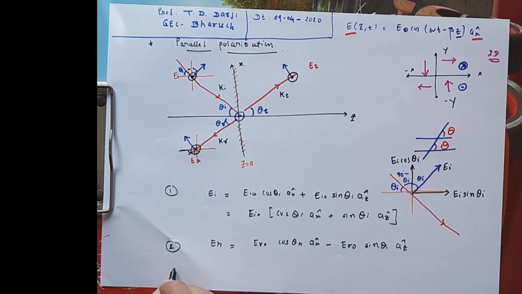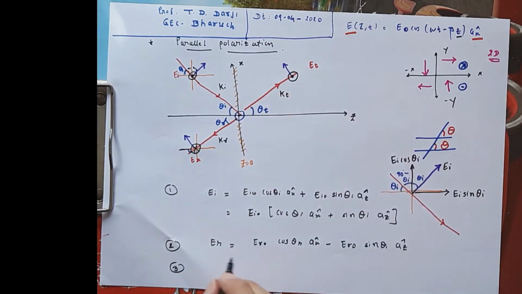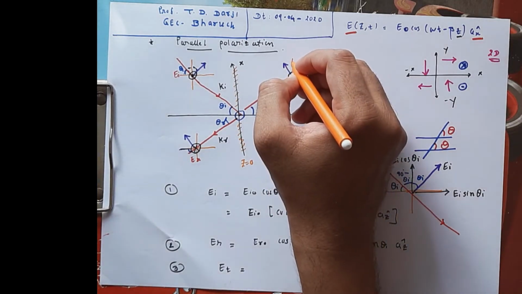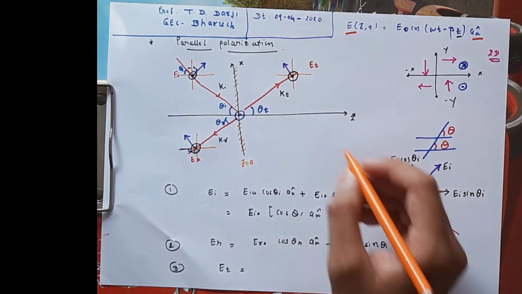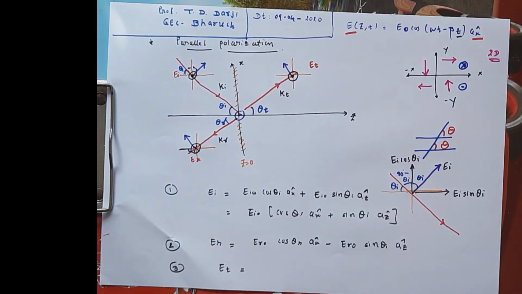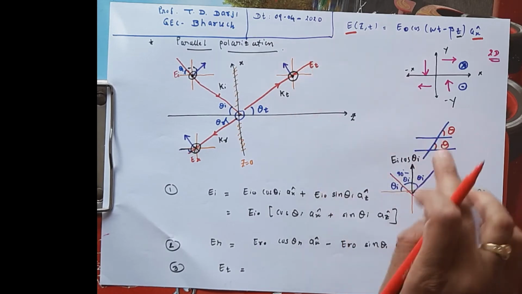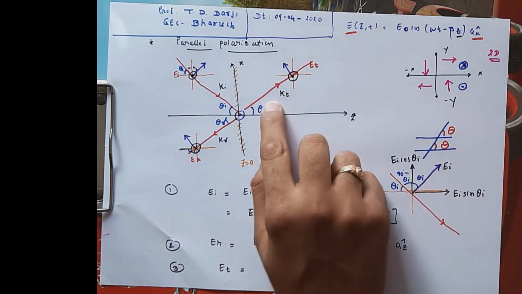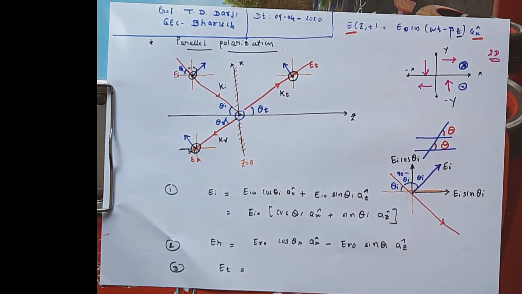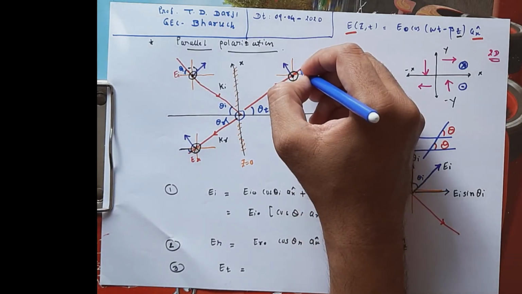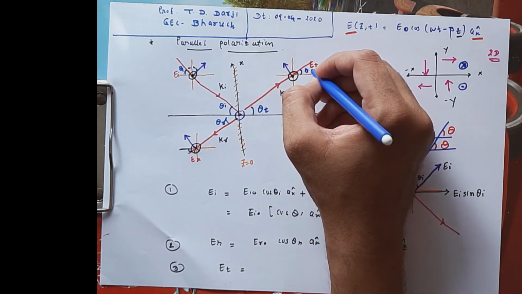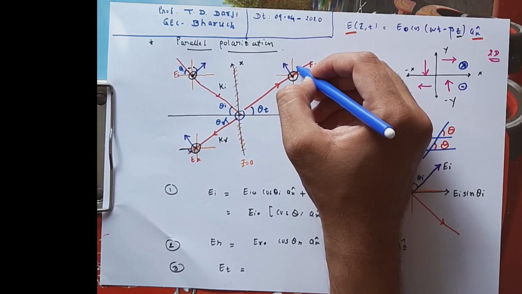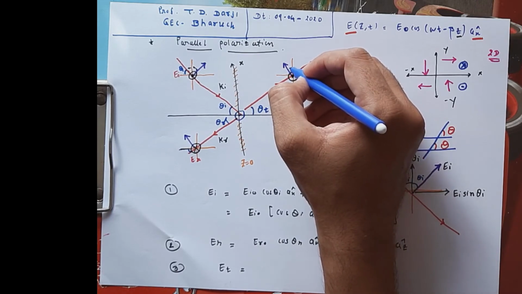And number 3, transmitted wave ET. Again see here for the transmitted wave, this angle is theta t. So I have to apply this concept. This angle is also theta t. It makes theta t angle, so this one is pi by 2 minus theta t, and this one is also theta t.